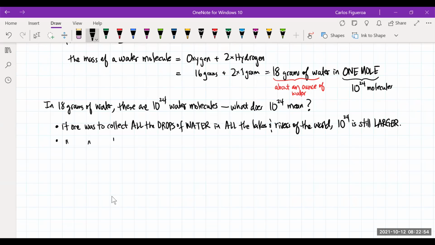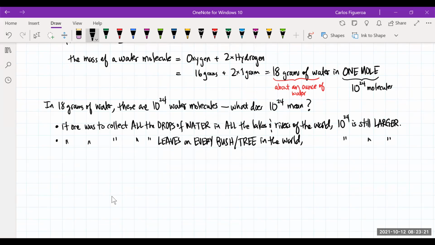If one was to collect all the leaves on every bush and tree in the world, 10 to the 24 is still larger.